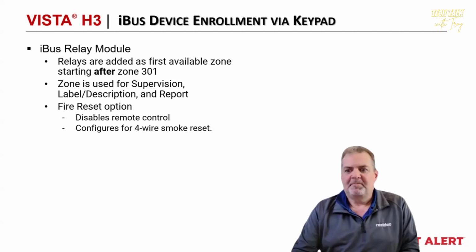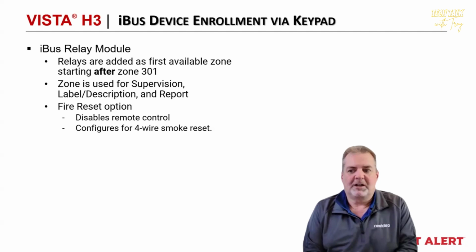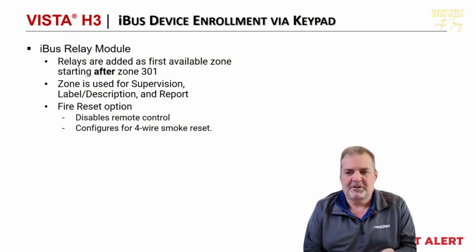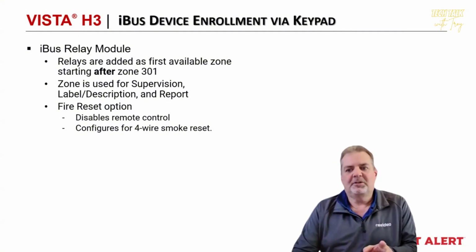There's a really cool option in here for 4-wire smoke reset. If you go to any output zone, those start at 300 or 301. Those are your triggers. 302 would be your first relay. When you go to those options, you can change an option in programming and tell it that it is a fire reset.